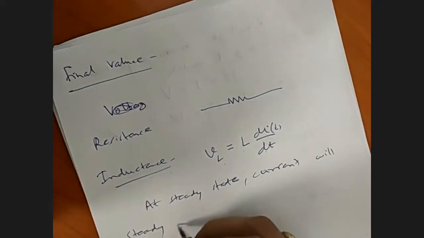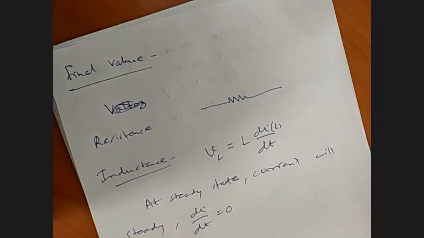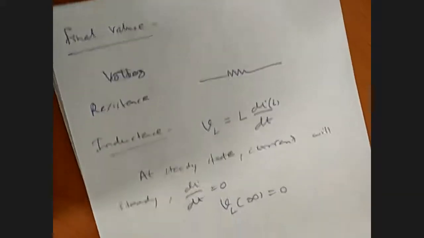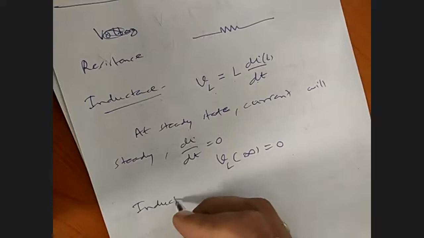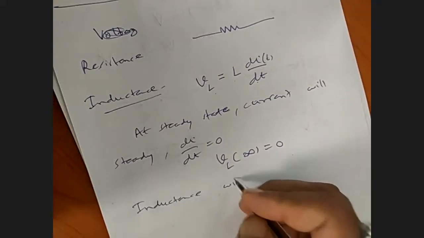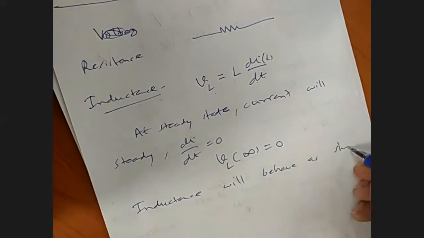That means di by dt is 0. That means VL at infinity will be 0. That means your inductance will behave as short circuit.